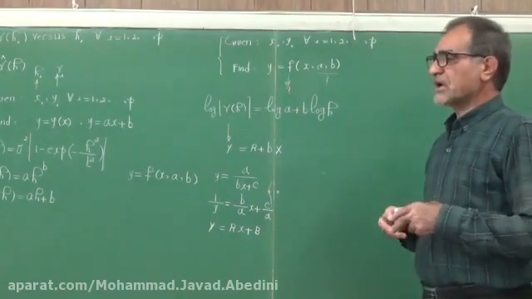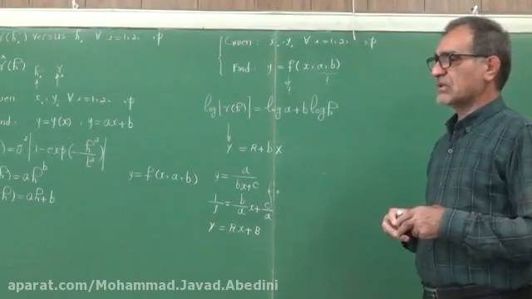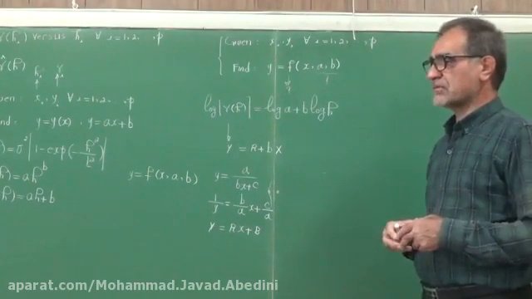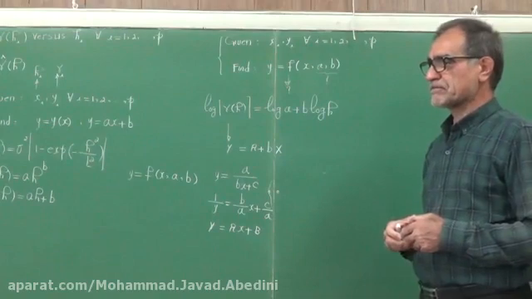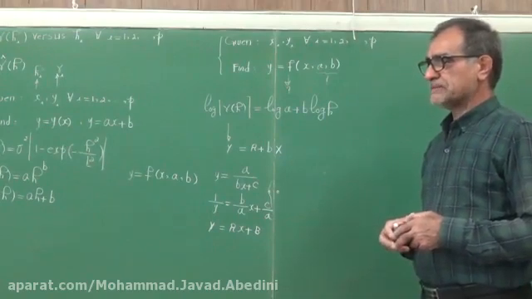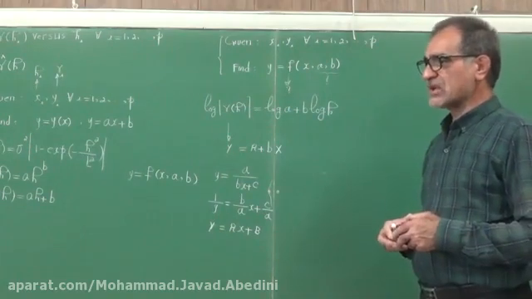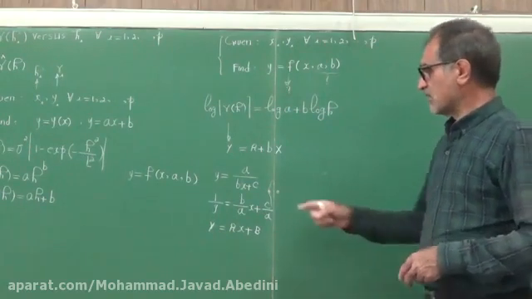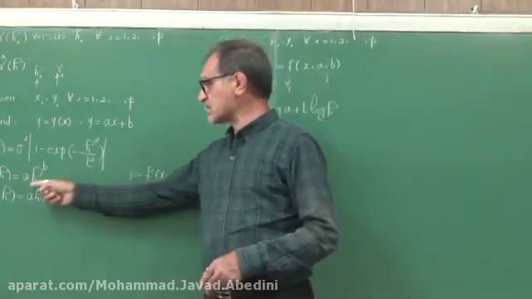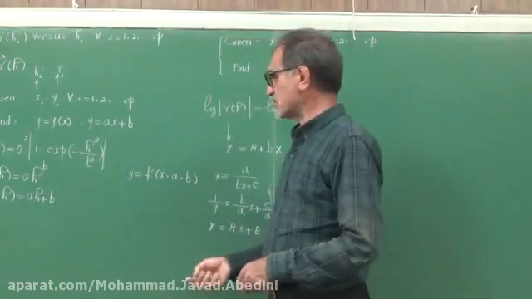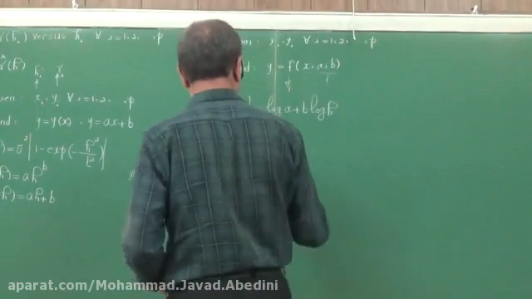If you want to compare linear regression with nonlinear regression, one possibility is to acknowledge that you want to find the parameters A and B here, which is again like this relationship here.